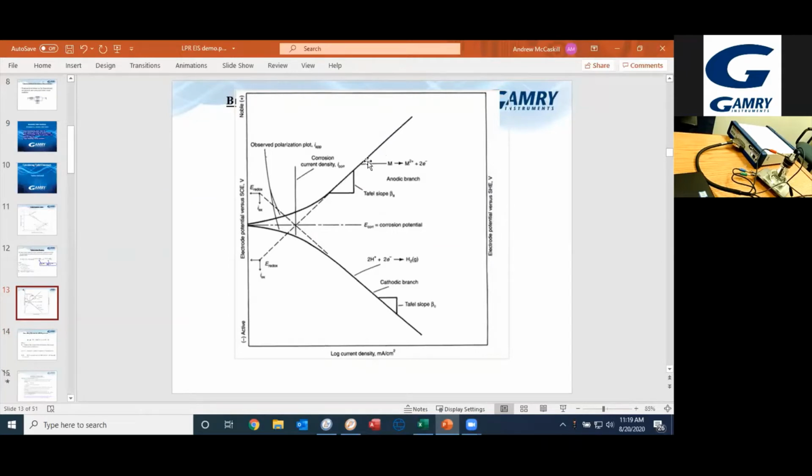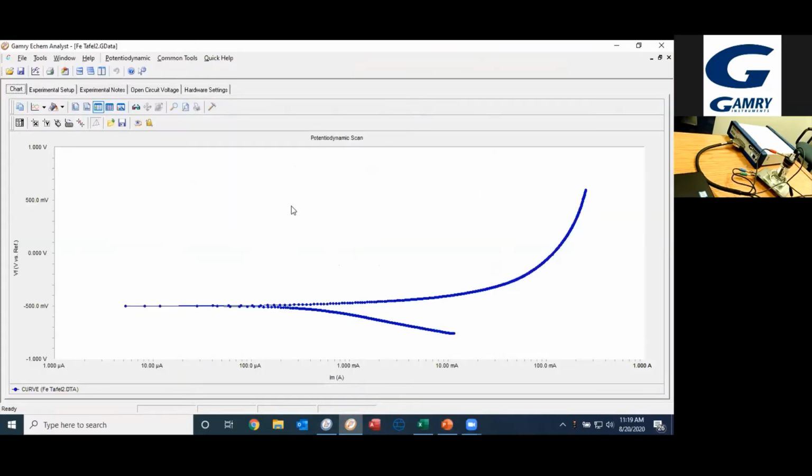We have our anodic branch at the top, and we have our cathodic branch, and the two are meeting here at E-corr. So the first thing I can do is select the data by selecting a portion of the curve right here. I'm going to model all these data points right up to this point. So this is the data that I've gathered that I want to model.